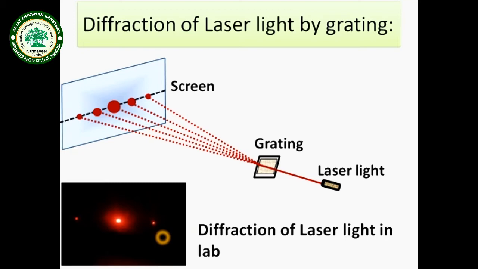This experiment, diffraction of a laser light by a grating, was really very important for the invention of XRD, in which we interact light with the crystal to get some information about the crystal from the diffraction of XRD.